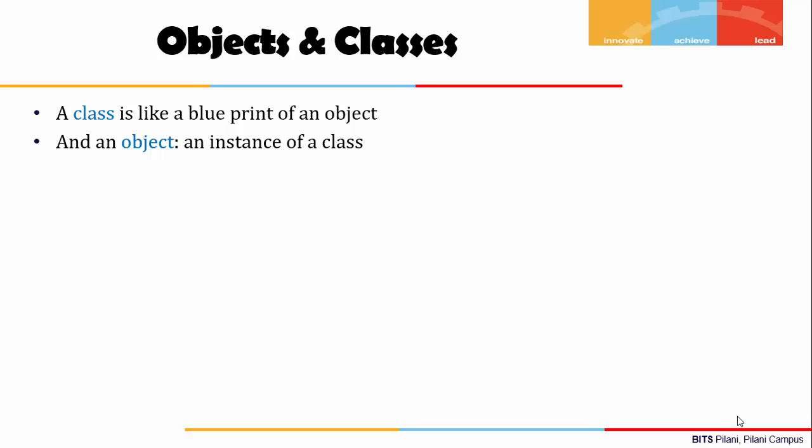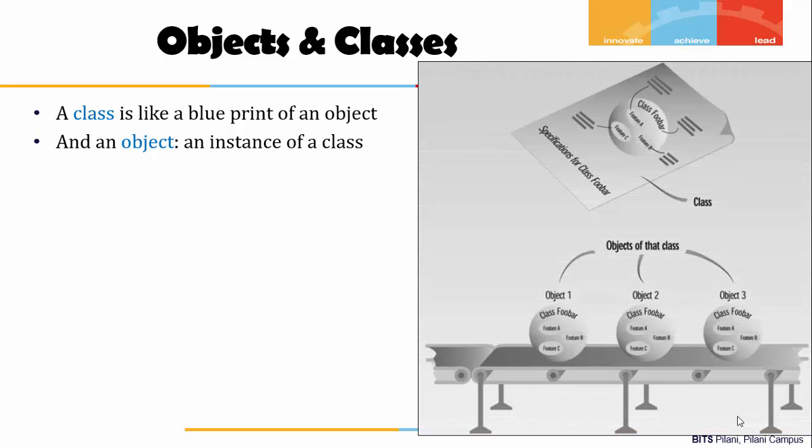A class is a description of a number of similar objects. If you see this example, we have a class foobar. Many objects are created of that class, with different values.